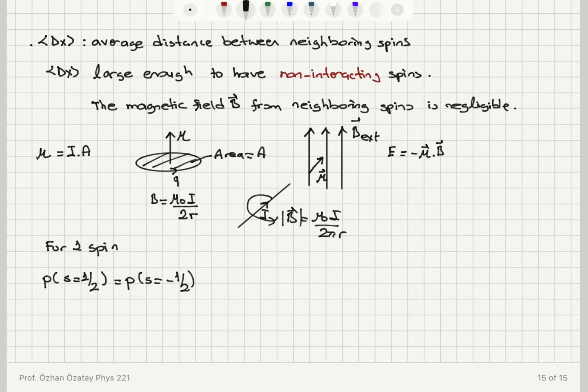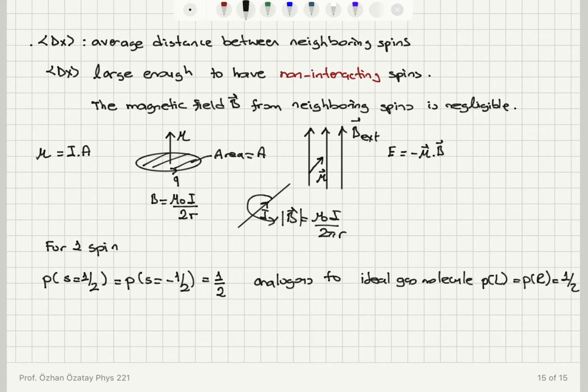If there is no external magnetic field and there is no interaction between the spins, these two probabilities will be the same. It's analogous to an ideal gas molecule. The probability of having it on the left-hand side is equal to the probability of having it on the right-hand side. It's 1/2 for a single molecule.